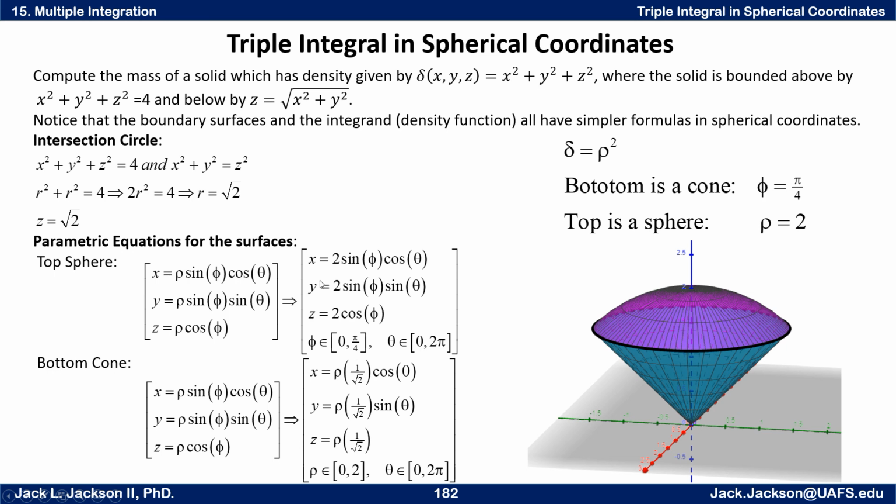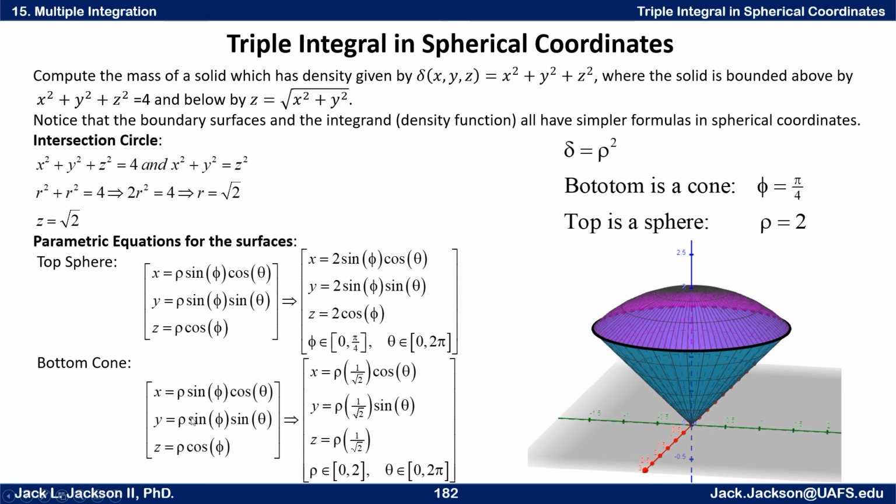And what limits do we have on these? Well, it goes all the way around the circle this way for theta, so it goes from 0 to 2 pi. But phi only starts at the top, 0, and rotates out to here, which is pi over 4 everywhere. So it goes from 0 to pi over 4.